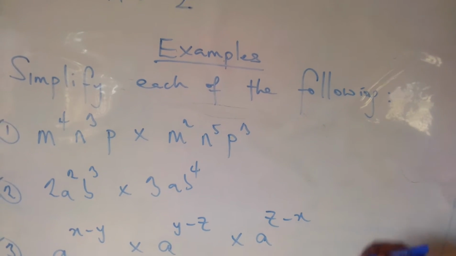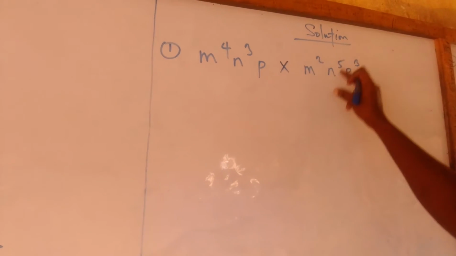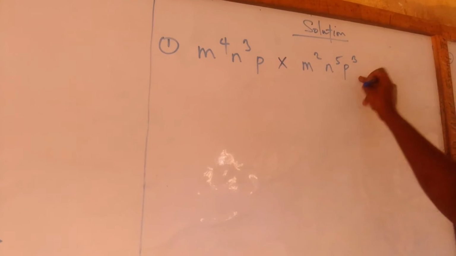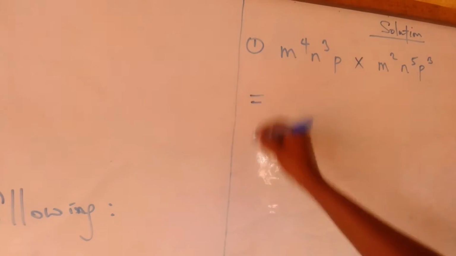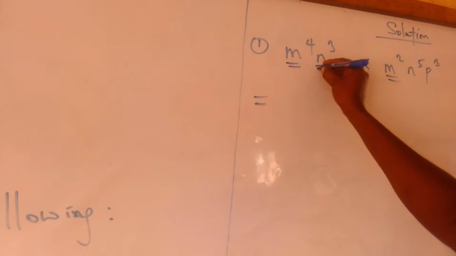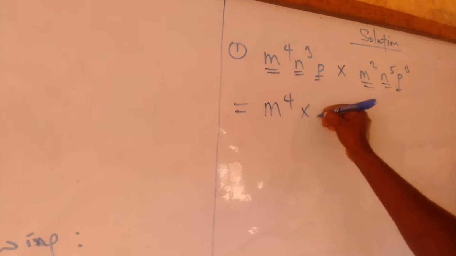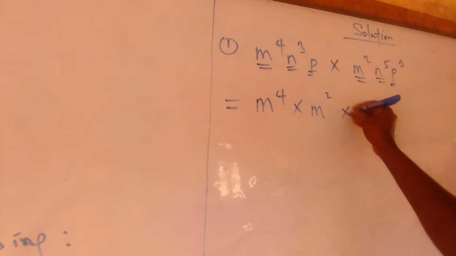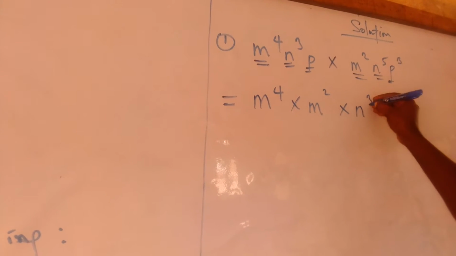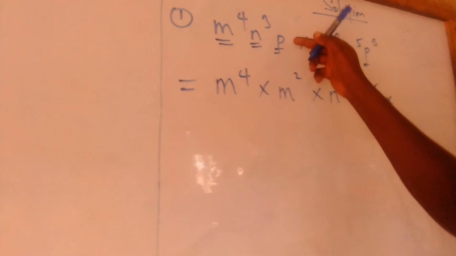Here are the solutions to these questions. This is the first question, which says m raised to power 4, n raised to power 3, p multiplied by m raised to power 2, n raised to power 5, p raised to power 3. This equals, we are going to separate m with m, n with n, and p with p.